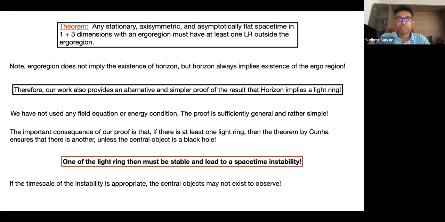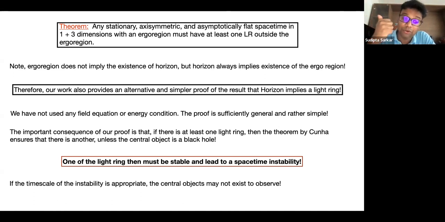Okay. The important consequence of our proof is this. Remember that Cunha's proof says that if I give you an ultra compact object, they require one assumption, that it must have one light ring. Only then can they show there must be another light ring, and one of them is stable. What we prove is that assumption.